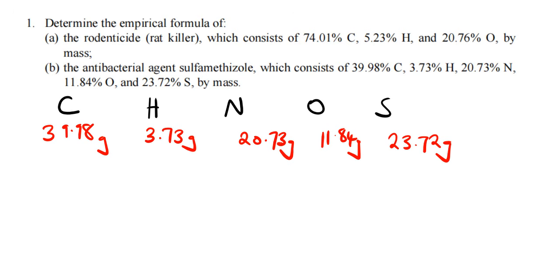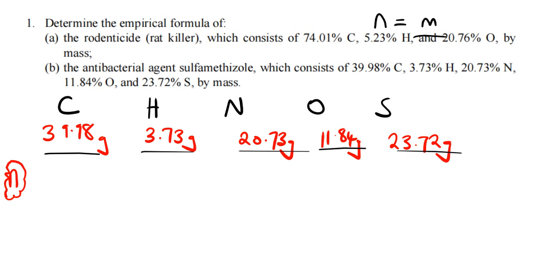Now that I've got this, I'm supposed to convert all these to the number of moles. I'm going to write an N to represent the number of moles for each of these. To find the number of moles, I divide by the molar mass of each of them, because number of moles equals mass over molar mass according to our stoichiometry.